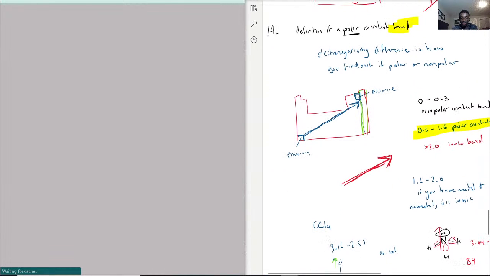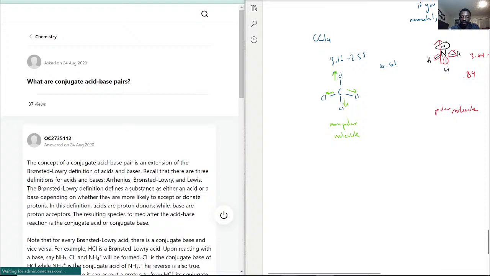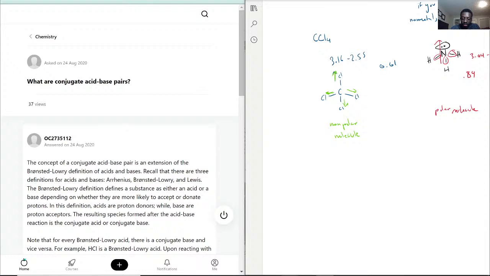So, with that being said, let's move on to question 15. What are conjugate acid-base pairs? So actually, the best way to write this out is just by writing a generalized formula, okay? And this formula I like to think of, okay?